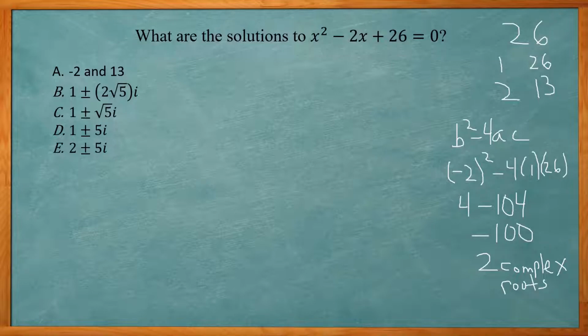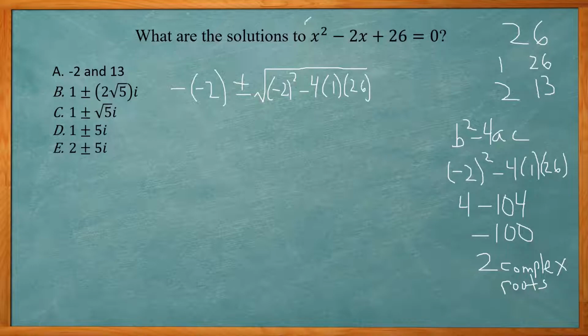Alright, so we use our quadratic formula. So negative b, so negative negative 2, plus or minus square root of b squared, so negative 2 squared, minus 4 times a, which is 1, and c is 26. So remember our a, b, and c, and then divided by 2 times 1.